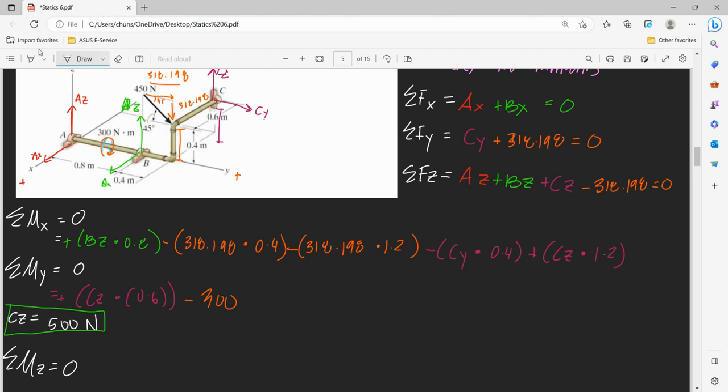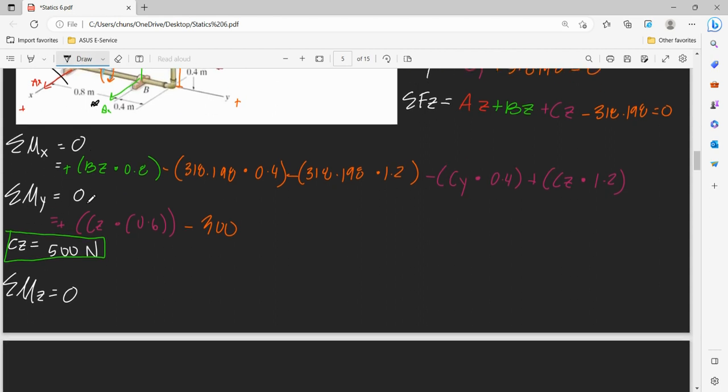Again, these are parallel, and this goes through it, so we can only use 1, 2, and 3.